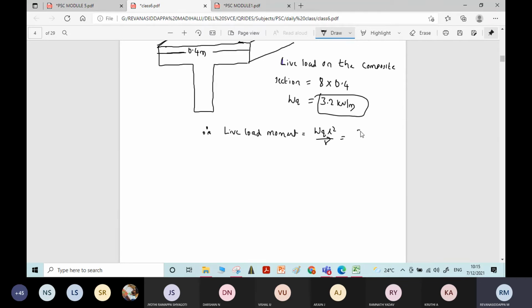WQ is 3.2 into 5 square divided by 8. Tell me the answer. This is MQ, the live load moment. 10 kilonewton meter. Therefore, MQ is equal to 10 into 10 power 6 Newton millimeter.